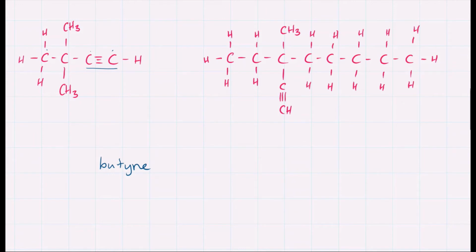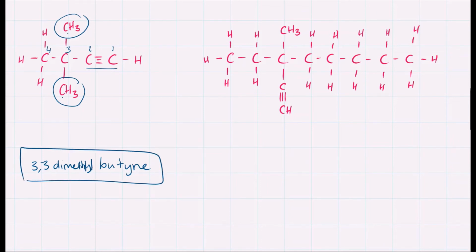So 4 carbons long, butyne, it has 2 substituents. Both of them are on carbon number 3, and they both have only 1 carbon in them, so we know they are methyl groups. 3,3-dimethyl, methyl, that looks good. 3,3-dimethylbutyne.